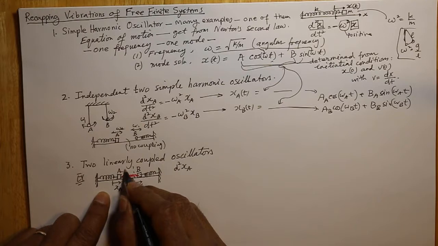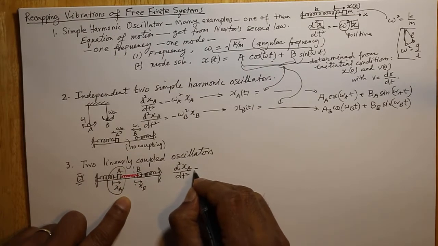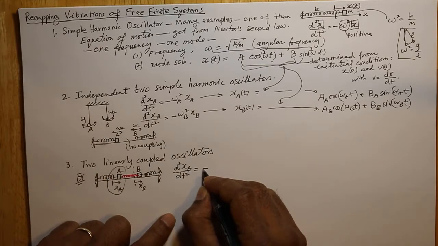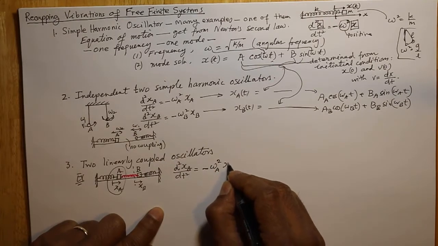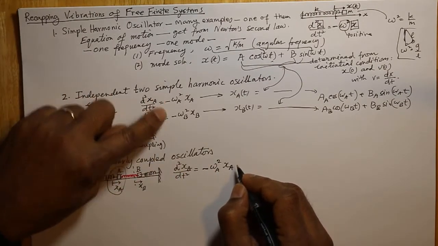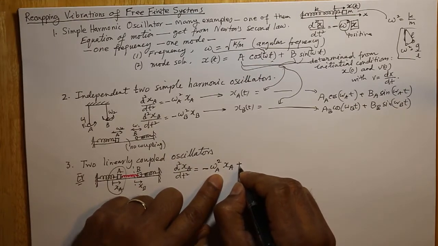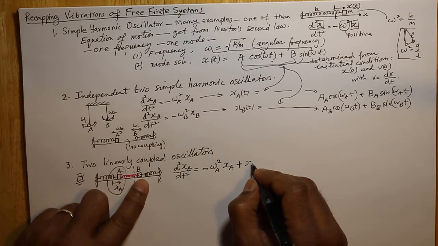If I look at the dynamics of this one, I get some number here which is the restoring term, omega a squared xa, as if there was no coupling, and then because there's a coupling, it depends on xb.